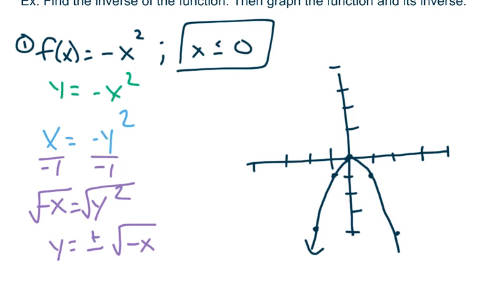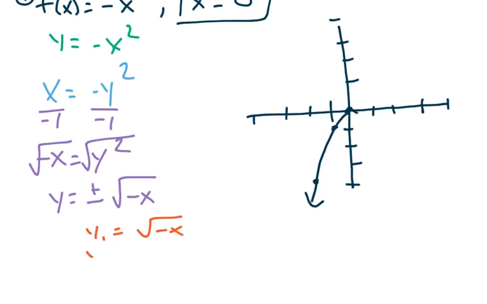Now, the restriction says x is less than or equal to 0. So less than or equal to 0 is from the origin all the way this way. So we're not going to need the right side of this graph. Now, if you graph this in your calculator, y1 equals square root of negative x, and then y2 equals negative square root of negative x, you would get something that looks like this.